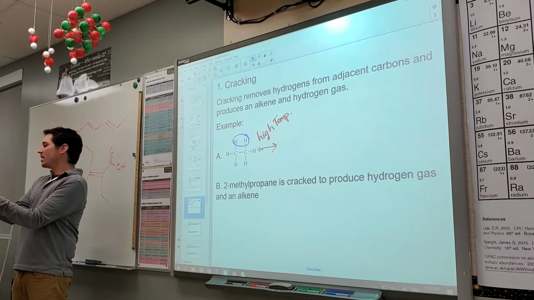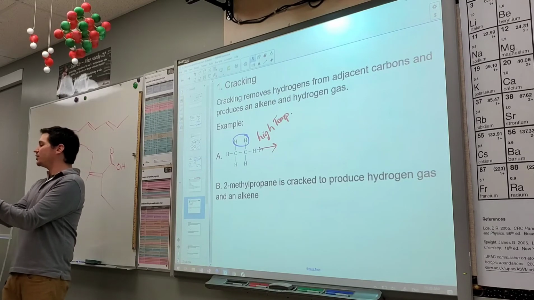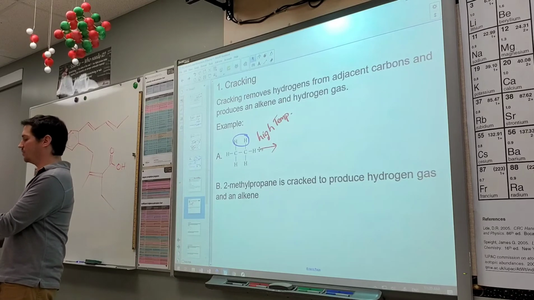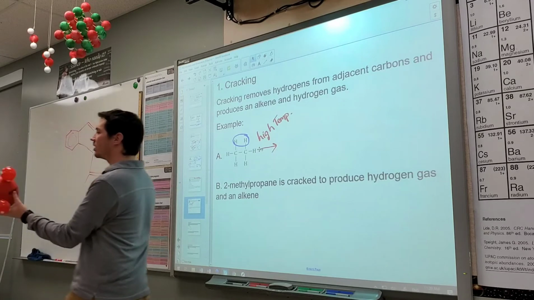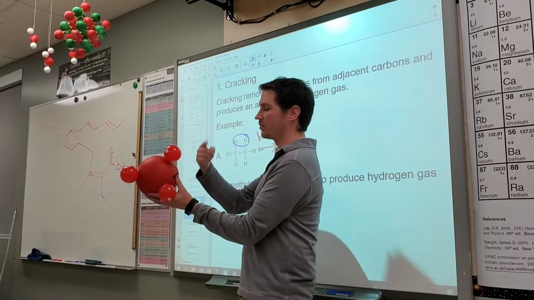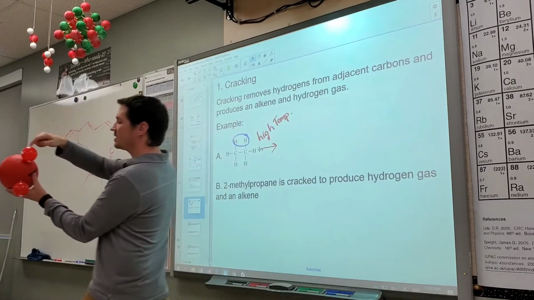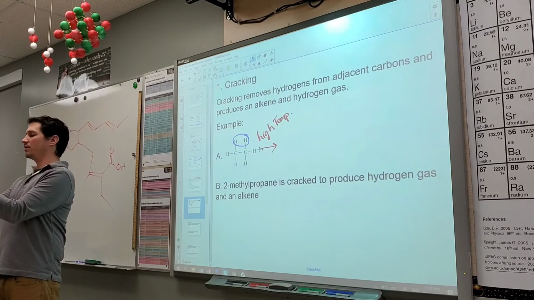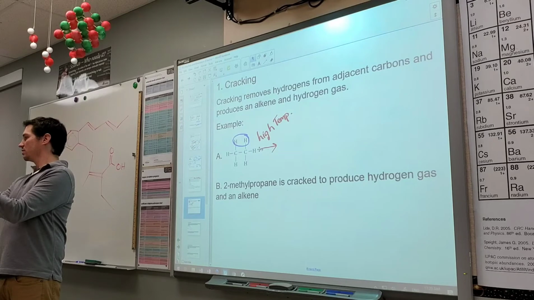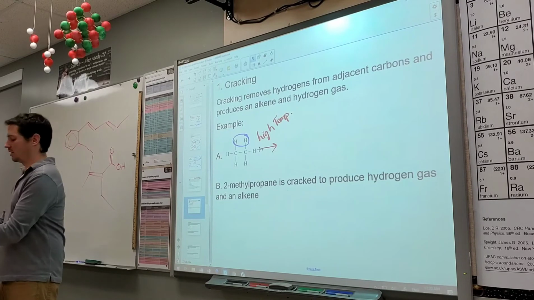So it doesn't really matter. There is no hydrogen sticking straight out this way. That's just a 2-dimensional representation of a 3-dimensional object. So this hydrogen and that hydrogen are equally as far apart from these hydrogens. Are we okay with that? Yeah.